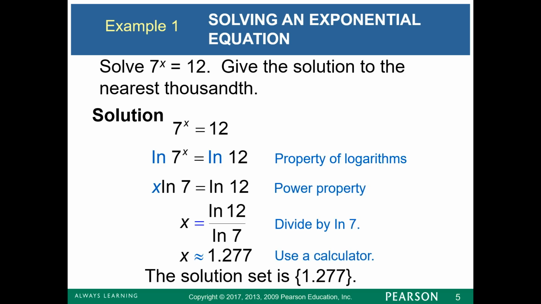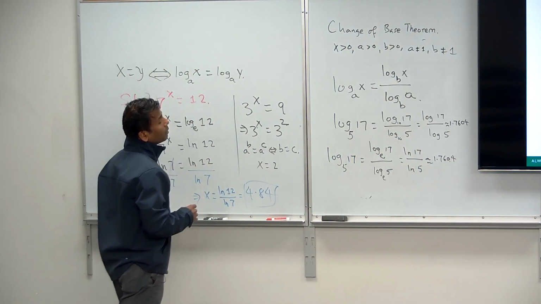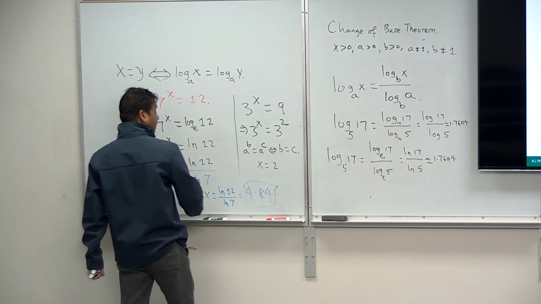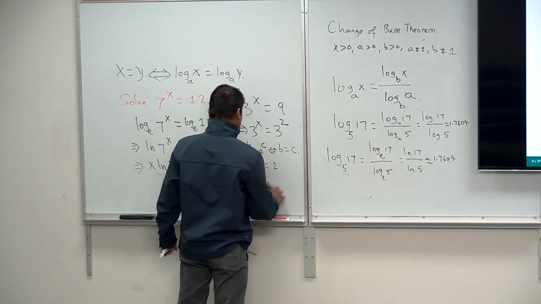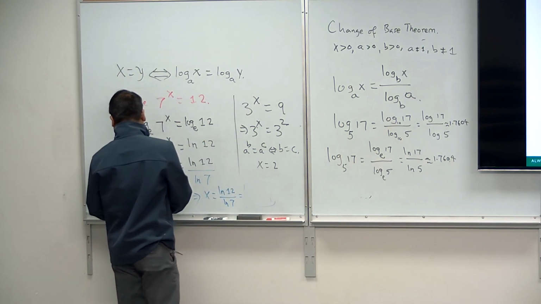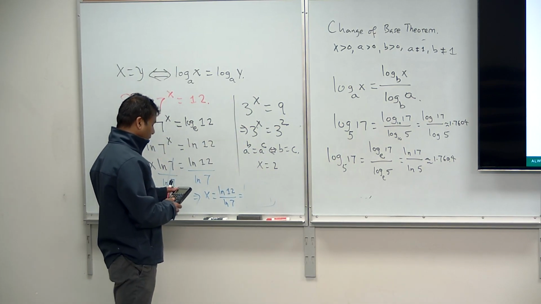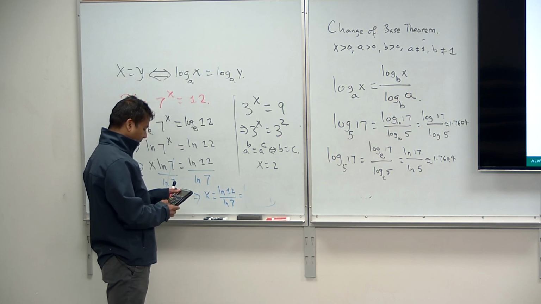Hey, can you use the calculator? Maybe I made a mistake. So you have to pick ln 12 over ln 7, right? Oh, I multiplied them.